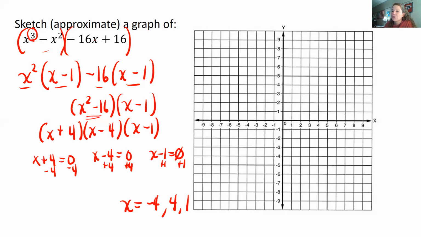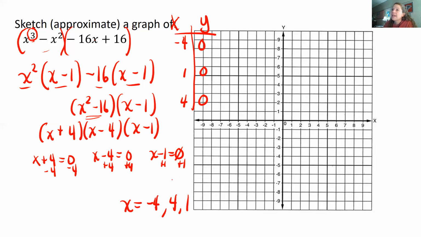Okay? So those are our 3 x-intercepts. So our x-intercepts are negative 4, 0, 1, 0, and positive 4, 0.